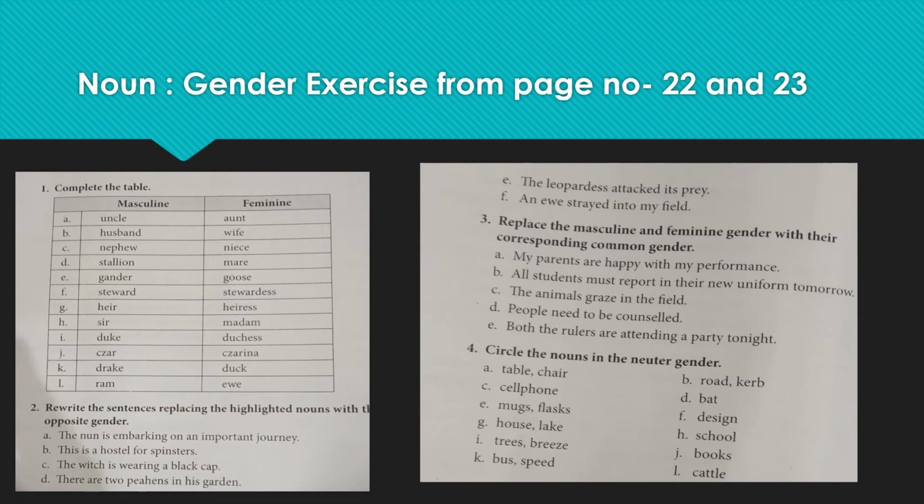Here the answer given is: My father and mother are happy with my performance. So for my father and mother, what do you have to write there? Parents are happy with my performance. Like this, all answers are given here. You have to make it in common gender. Common means, you know, common noun. That is the exercises of page number 22 to 23.